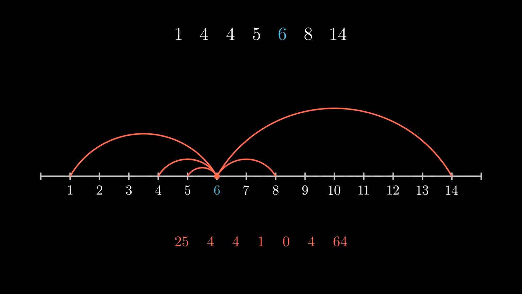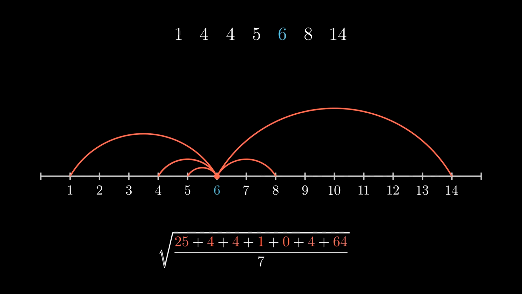But anyway, now that they're positive, we can average them as normal by adding them up and then dividing by 7. But before we work out what that is, we need to recognize that all these numbers, these distances, have been squared. So to sort of rescale this back to normal, we wrap the whole thing in a huge square root. And that gives us a standard deviation of about 3.82, written with a symbol like that. It's a Greek letter S, or sigma.